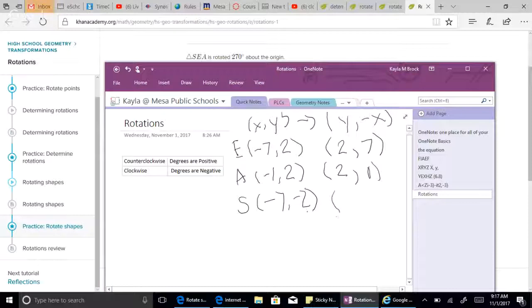And then y is -2. This stays the same, 7. Okay?